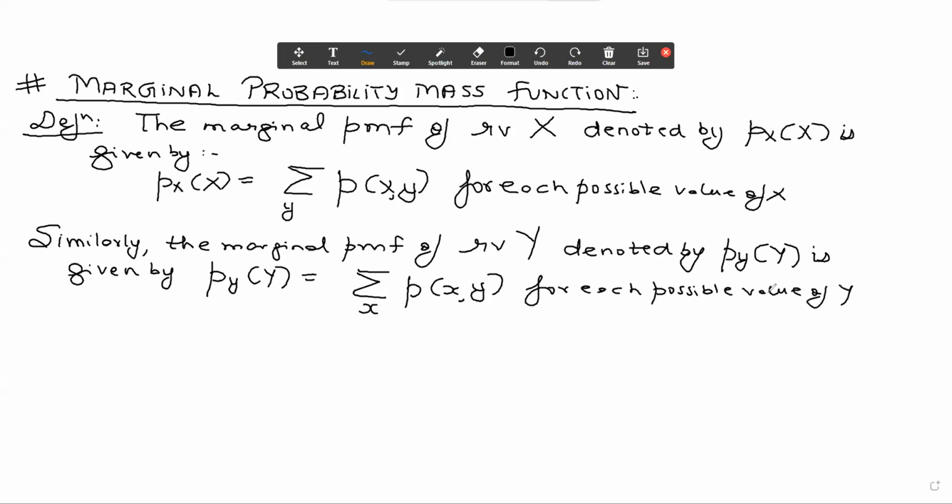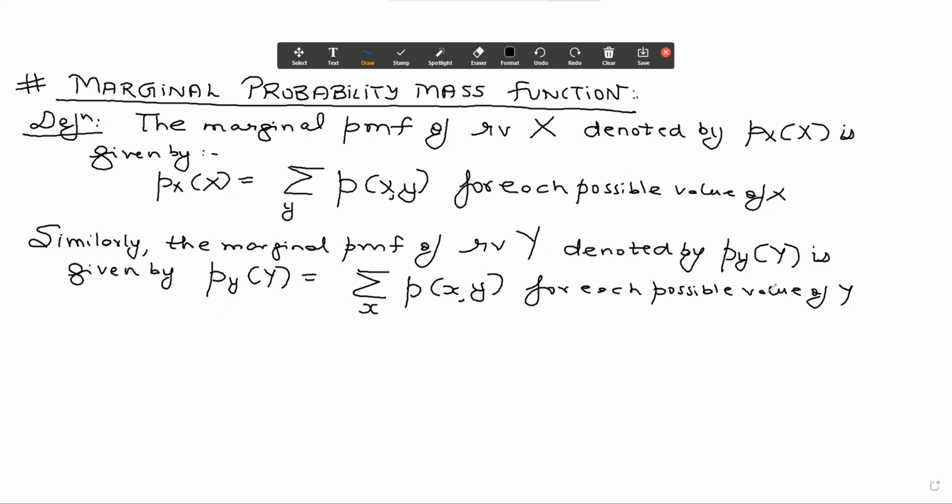That means when I am finding the marginal probability mass function of X, for every value of X, I am adding all the Y values. And when I am finding the marginal probability mass function of Y, for every value of Y, I am adding all the X values. So I hope all students have become clear.